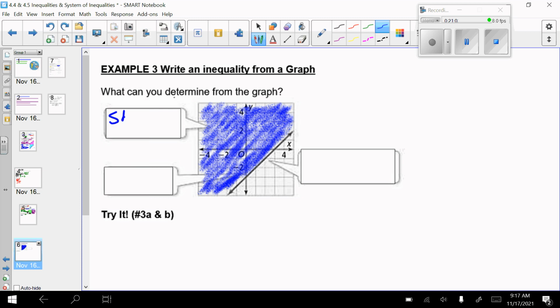So shaded above my boundary line. That's what goes in that small little box. And then is my boundary line a solid line or a dashed line? Solid line, good. So if it's solid, does that mean we include those values as part of my solutions? Yeah, good.